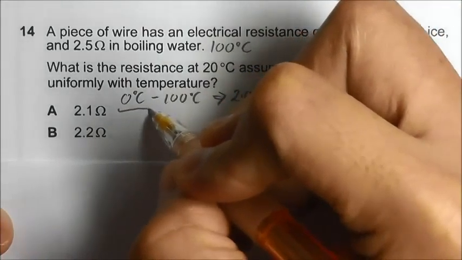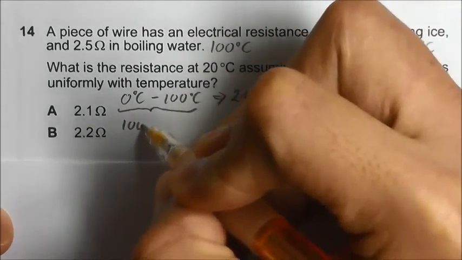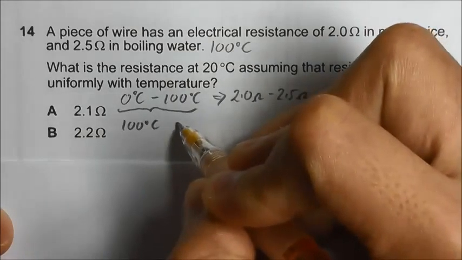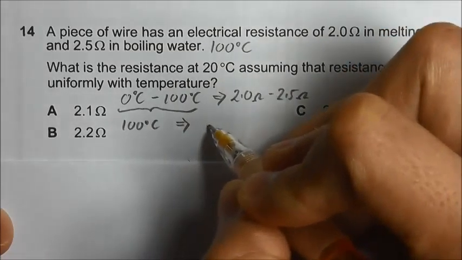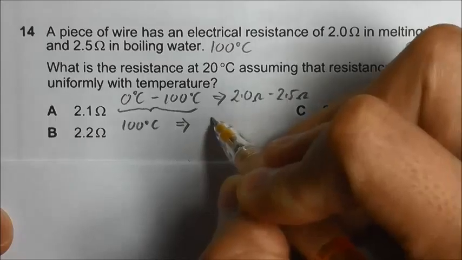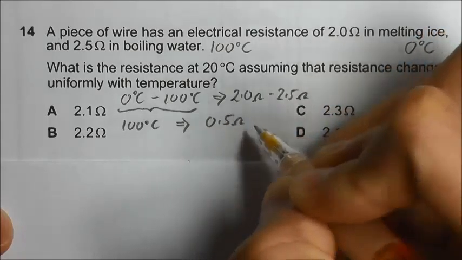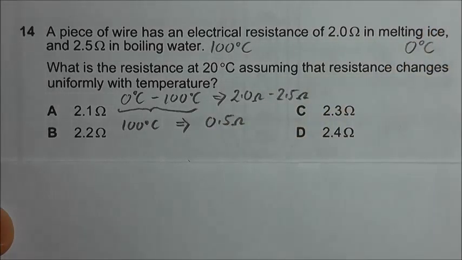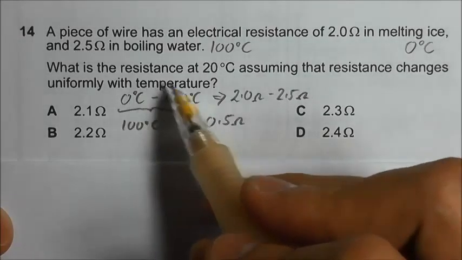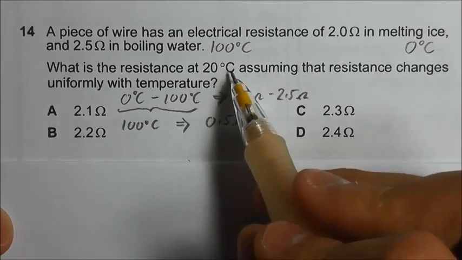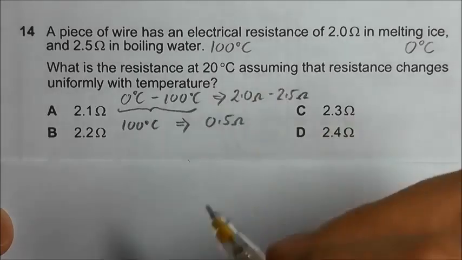So an increase of 100 degrees Celsius will bring about an increase of 0.5 ohms in the resistance. So now we want to find out what is the resistance at 20 degrees Celsius.